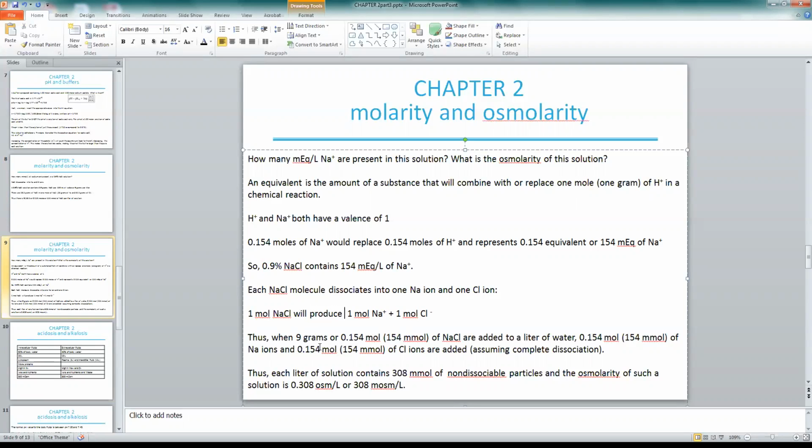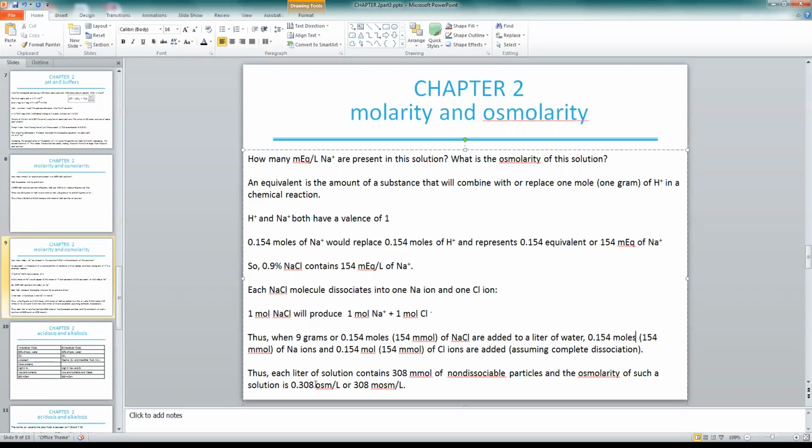So if I have 9 grams, or 0.154 moles of NaCl, and I add that to a liter of water, I'm going to produce 0.154 moles of Na and 0.154 moles of Cl, assuming there's complete dissociation. So each liter of solution then contains 308 millimoles of non-dissociable particles. Osmolarity is going to be 0.308.